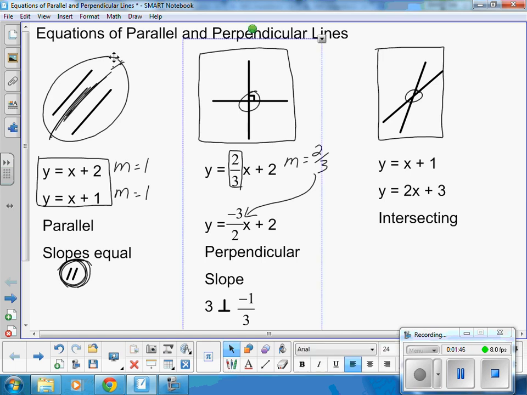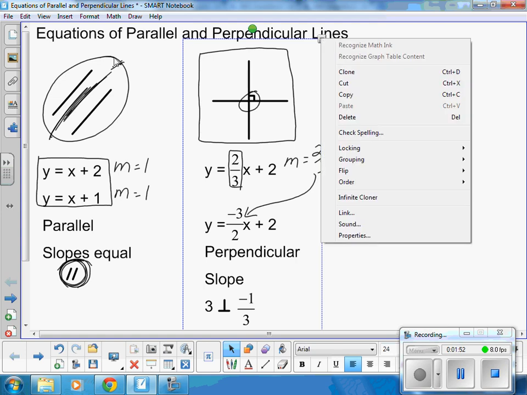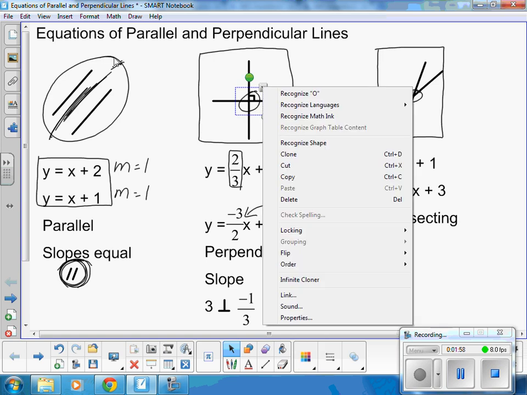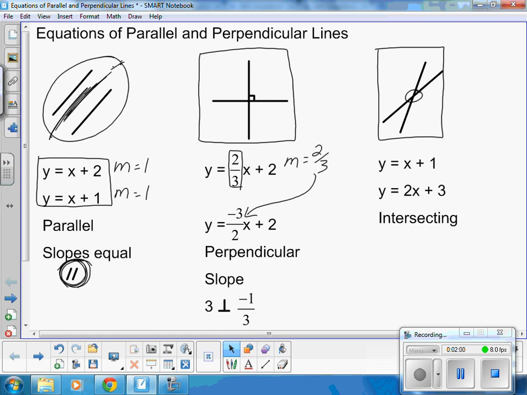If we take a look here, how did I do this? Well, okay. If we were able to twist this a little bit, we would be able to show that this slope right here is 0, so the reciprocal of that would be undefined.